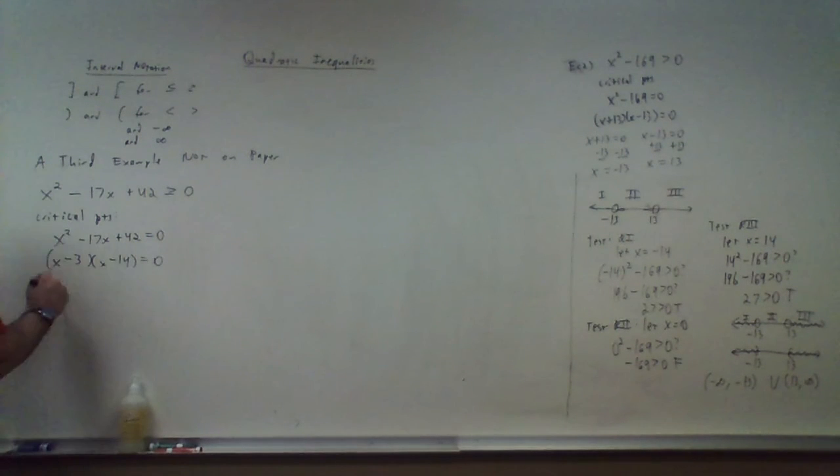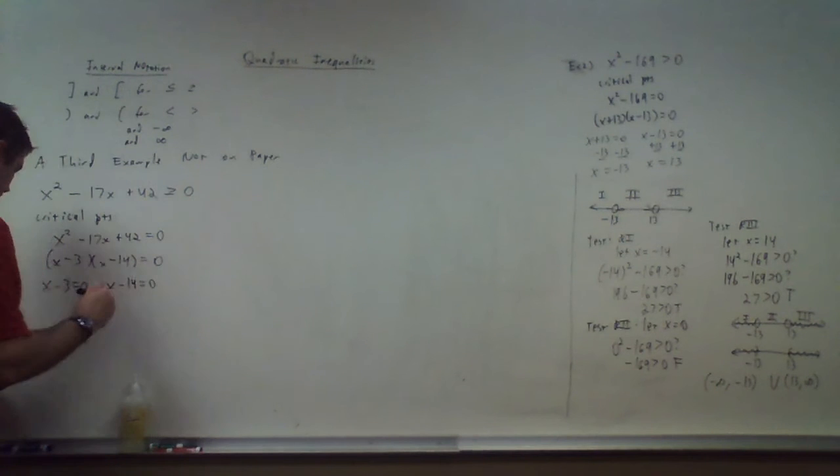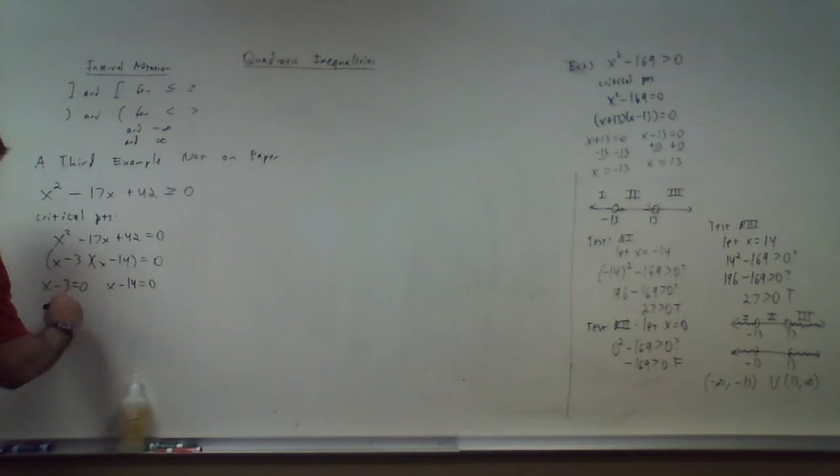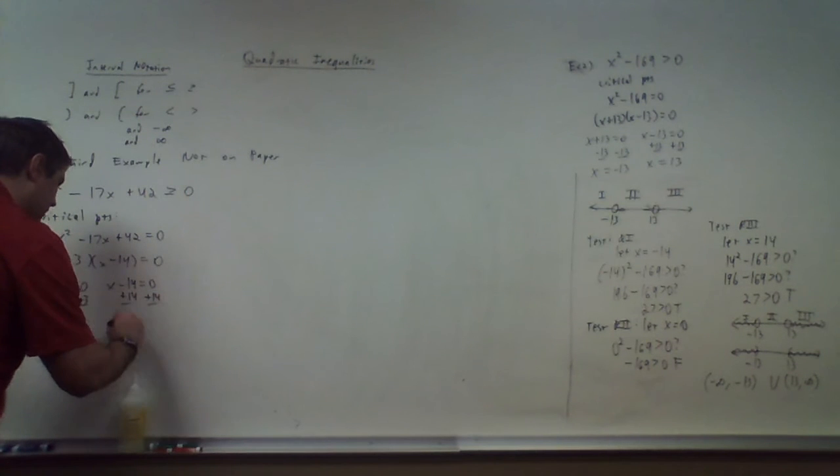Okay, so I have x minus 3 equals 0, and x minus 14 equals 0. Add your 3, x equals 3. Add your 14, x equals 14.